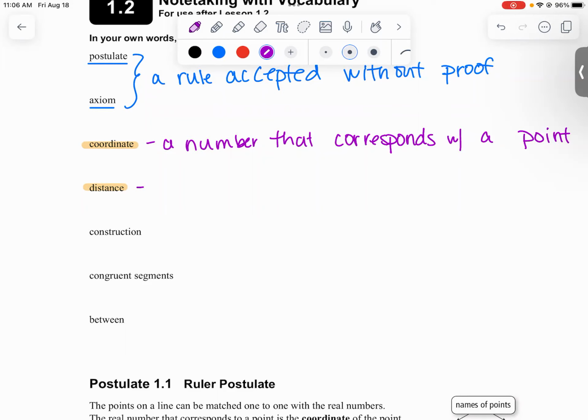But what if it's a negative number? Can we have negative distances? Negative means it goes down.